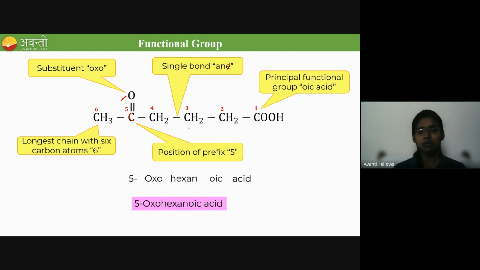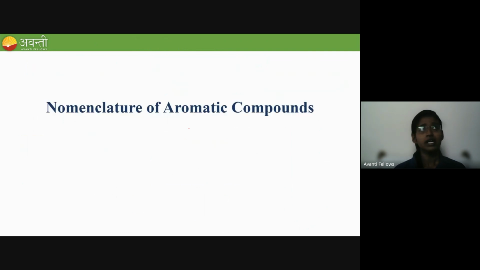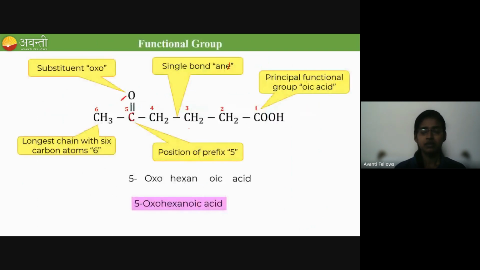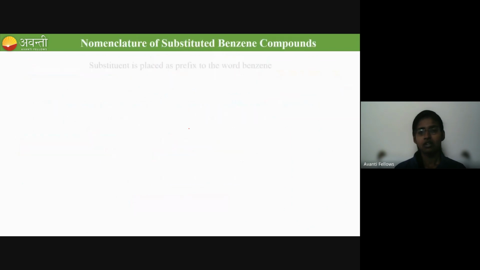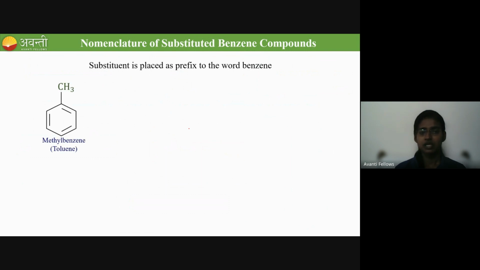Then coming to the nomenclature of aromatic compounds, mostly we will have benzene-containing compounds. The substituent is placed as a prefix to the word benzene. If I have CH3 attached to benzene, it is methylbenzene. OCH3 means methoxybenzene.